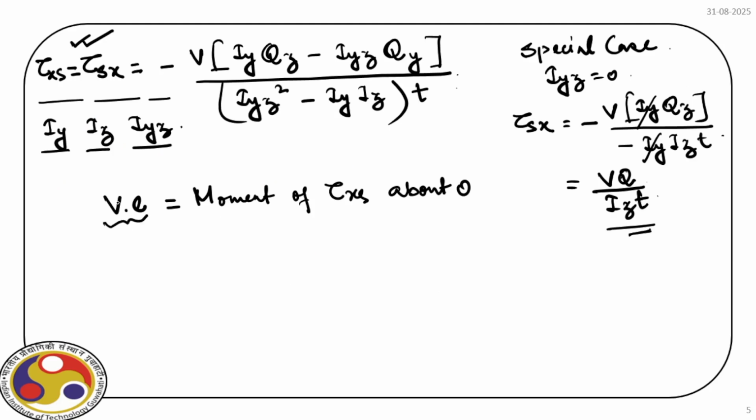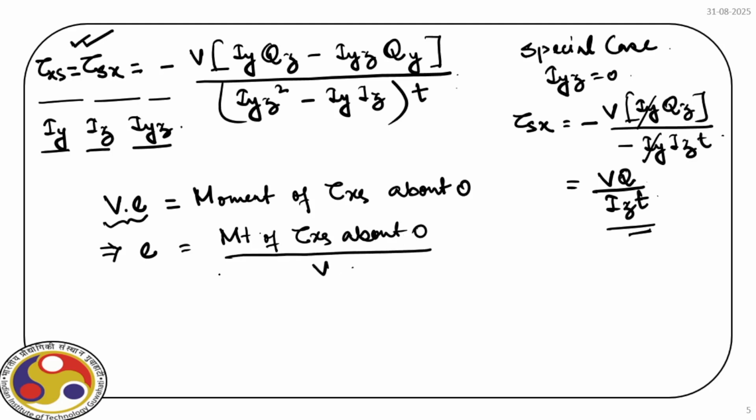V is the shear force at that particular section, and e is the eccentricity. So effectively e is equal to this moment of tau xs about O divided by V. So we get the location of the shear center for any arbitrary cross section.